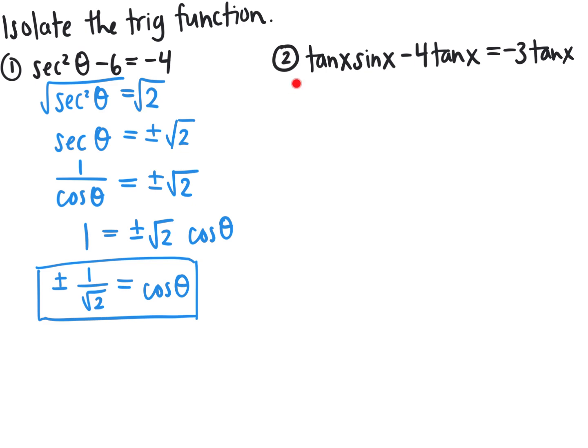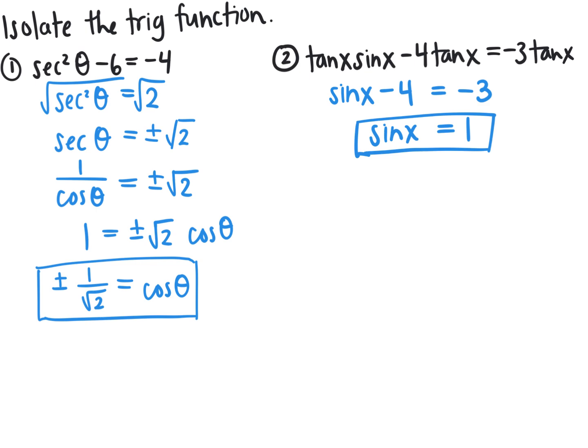So I'm going to divide everything by tan of x, tan of x, tan of x. That basically cancels out all of them. Then I'm left with just sine of x minus 4 equals -3. Definitely, that was a good choice. Then I'm trying to get sine by itself, so I'll add 4 to both sides. So I get sine of x is equal to 1. And again, that's all we're trying to do today, get sine by itself or cosine by itself.